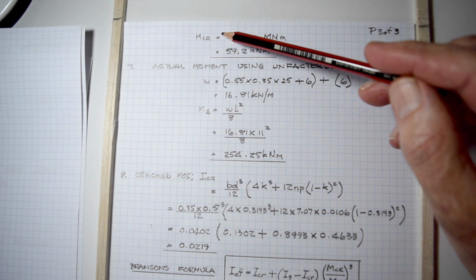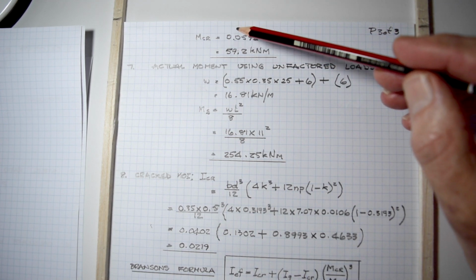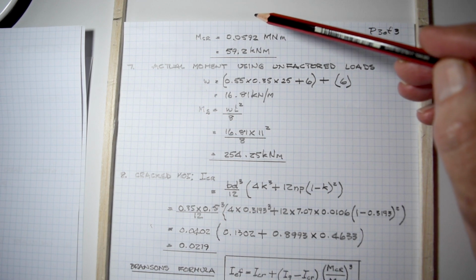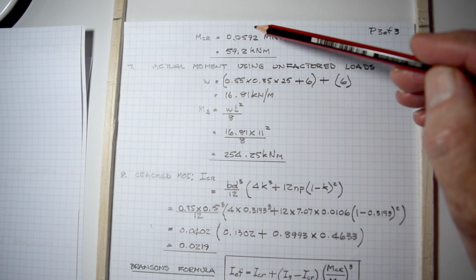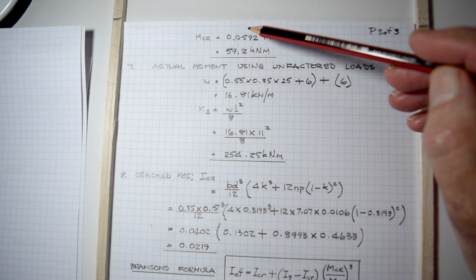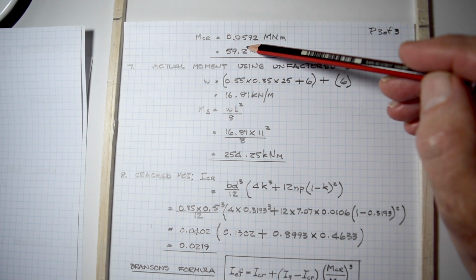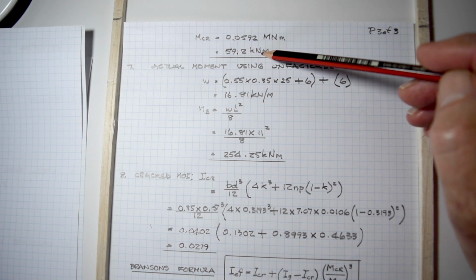Not a cracked moment of inertia. That's not a cracked moment of inertia. This is the cracked moment. I apologize. It's a cracking bending moment, the bending moment at the point where the beam cracks, and it's 59.2 kilonewton meters.